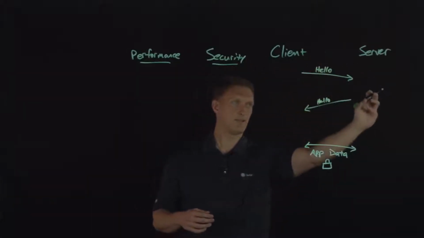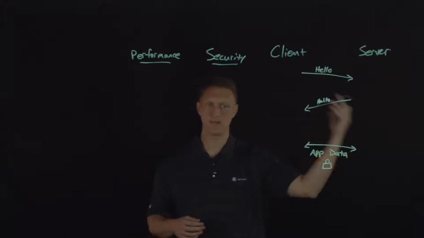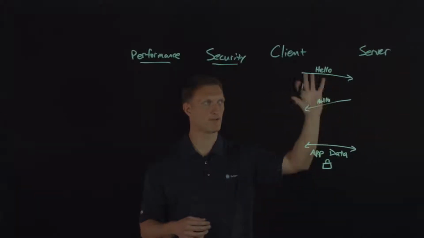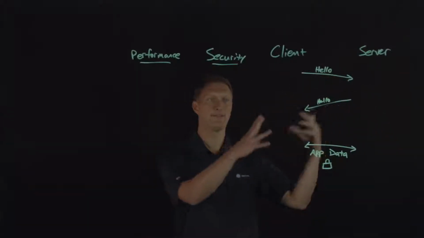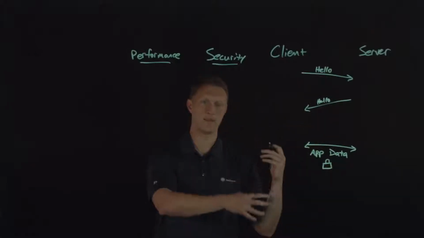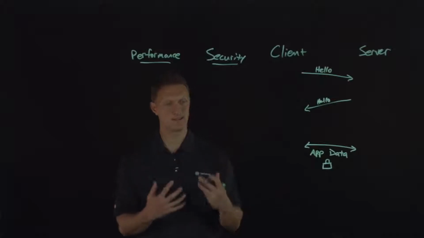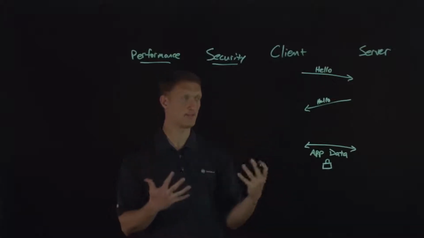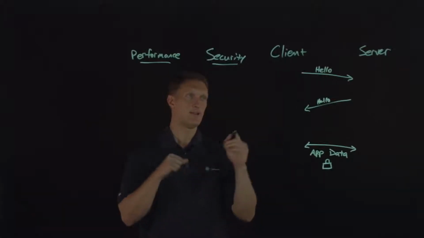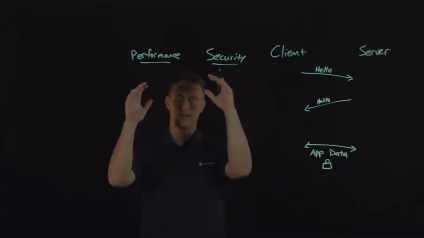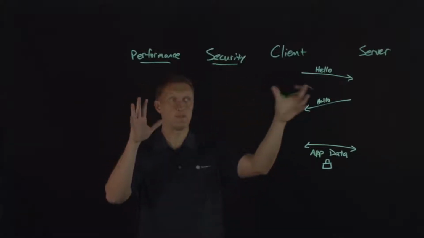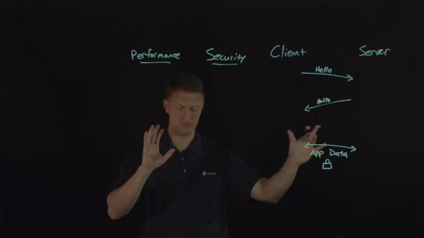Whenever the client sends encryption information or key information or cipher and all that kind of stuff over to the server, and then the server sends back, they've got to chunk through all this stuff, and they've got to calculate encryption keys, and it gets kind of clunky and computationally expensive, as it were. And so the IETF said, hey, we need to make sure that that's as fast as we can possibly make it.